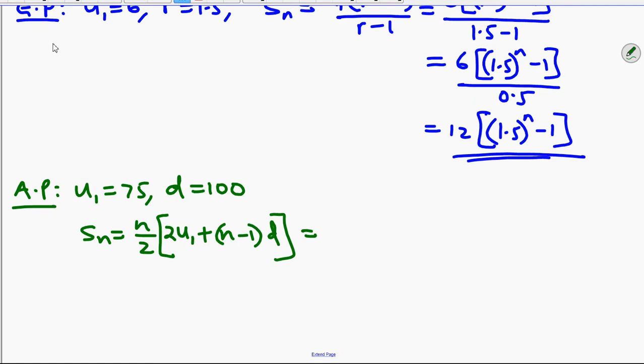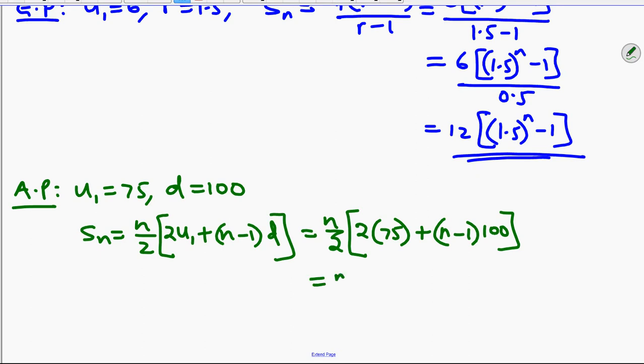Substituting those parameters, we end up with n over 2 multiplied by 75 plus n minus 1 multiplied by 100.